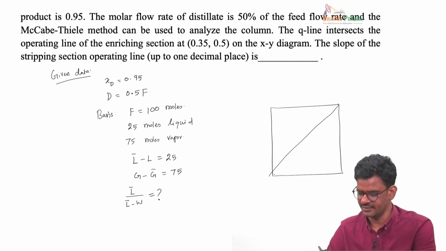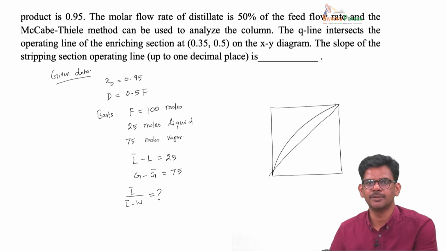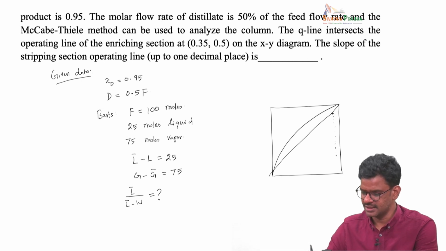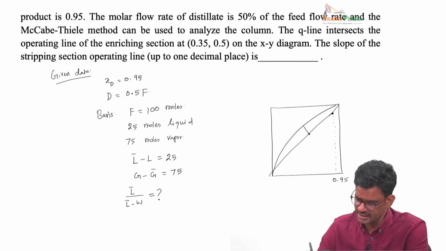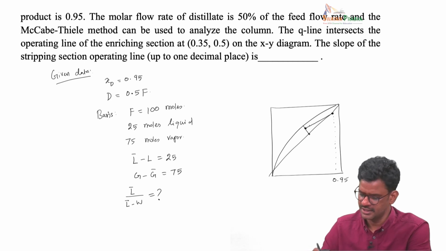So, this is the 45-degree line and this is the equilibrium line, and so the enriching operating line starts at 0.95 and then touches the Q line, which is somewhere here; we do not know exactly, but we know that the enriching line and the Q line touch at this point, and this point is noted as 0.5 here and 0.35 here.